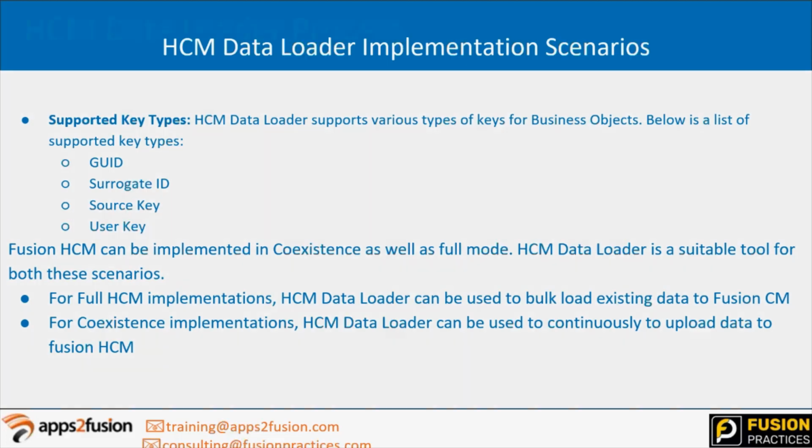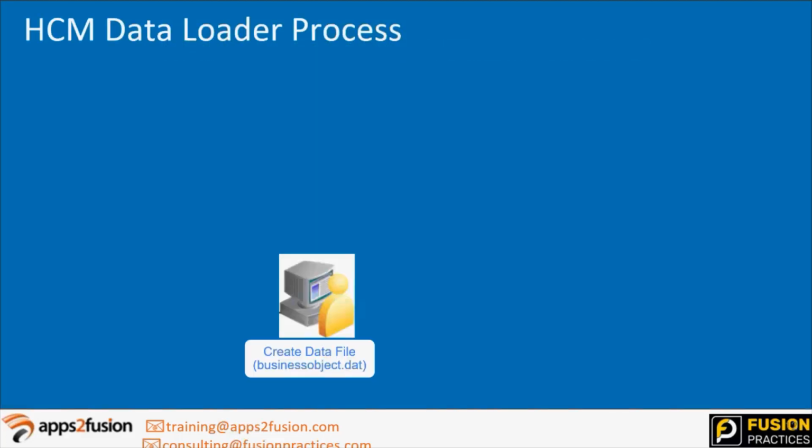This HDL complete process involves a couple of steps. First, HDL supports .dat files. The user has to prepare a business object in a particular format. The naming structure and delimiter option, we need to follow all the predefined structures.